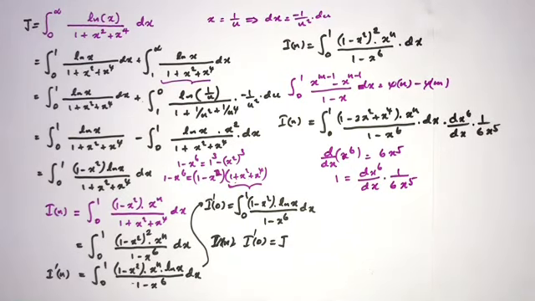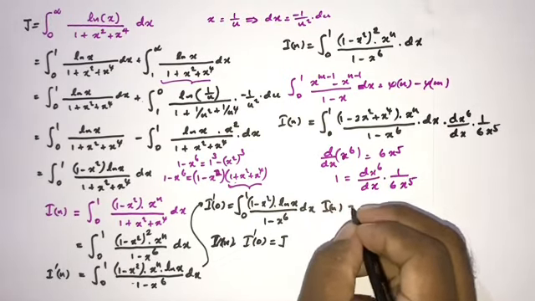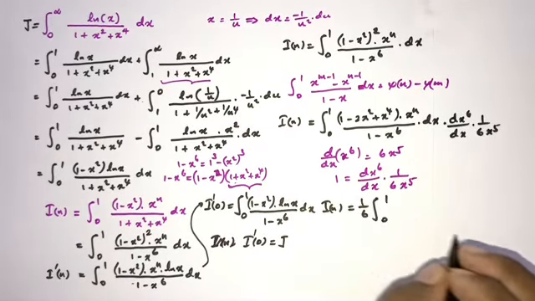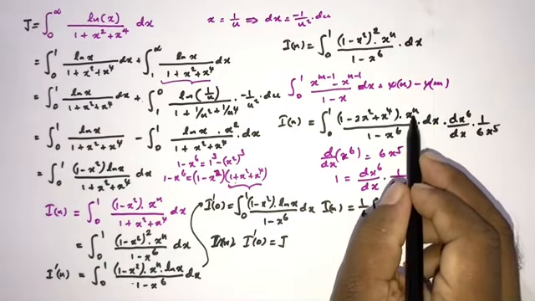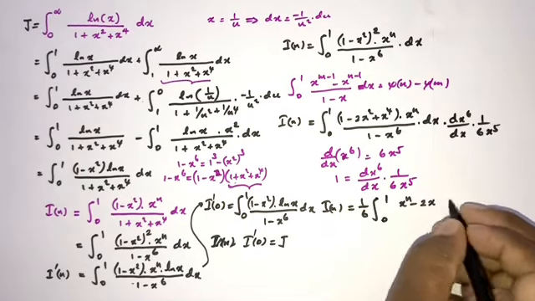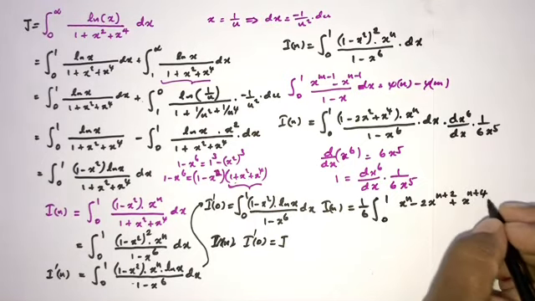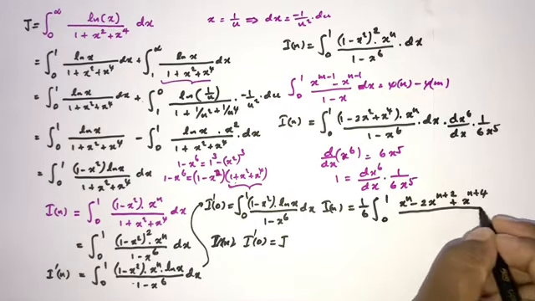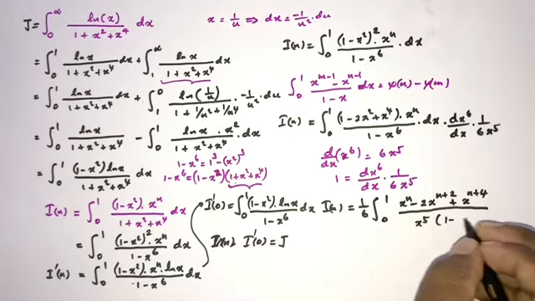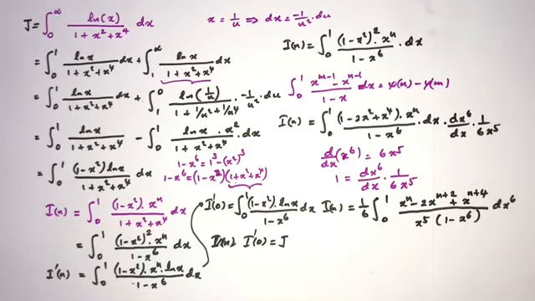Now we can simplify. Here 1 over 6 is a constant, so we can take it outside of the integral sign. So here 1 over 6 integral from 0 to 1. Here we can multiply, so x to the n minus 2 times x to the n plus 2 plus x to the n plus 4 over, here we have x to the 5th power, so x to the 5th power times (1 minus x to the 6th power) dx to the 6th power.